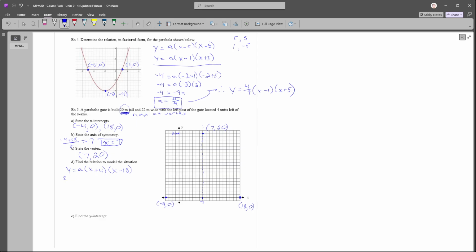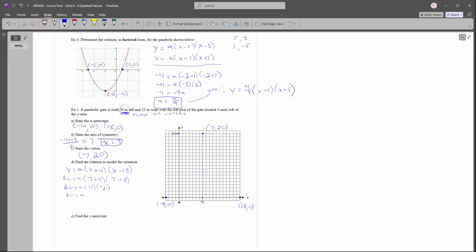So a y value of 20 equals a times our x value, which is 7, plus 4, times our x value, 7, minus 18. 20 is equal to a times 7 plus 4, that's 11, times 7 minus 18, that's negative 11. We can do our math here. 20 is equal to a times, what's 11 times 11?